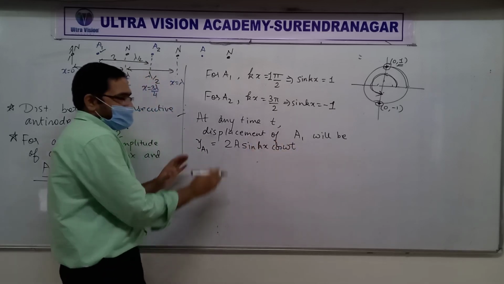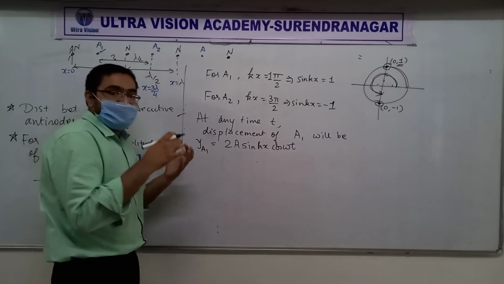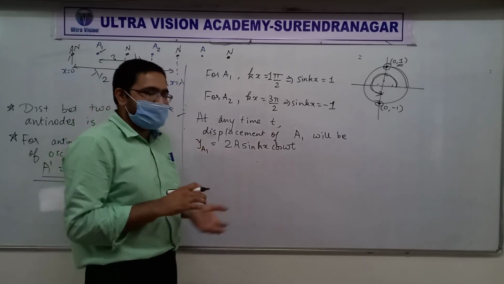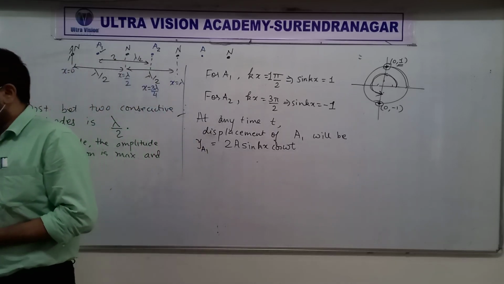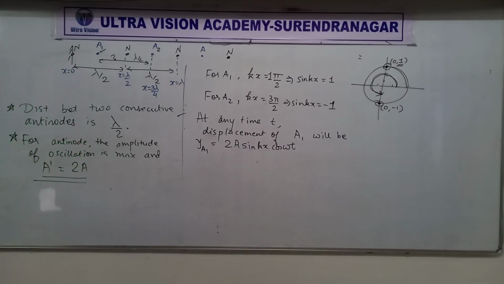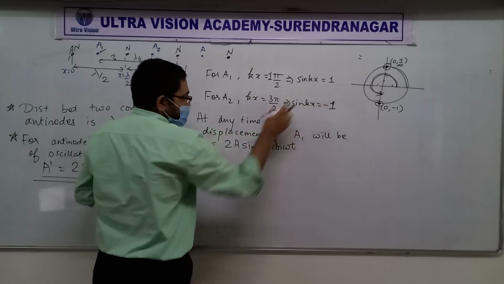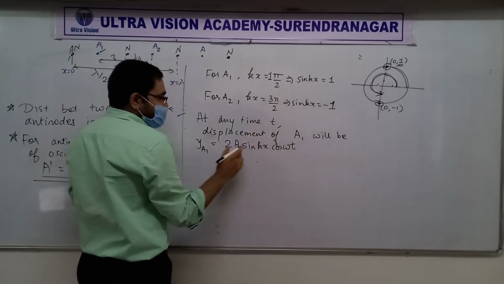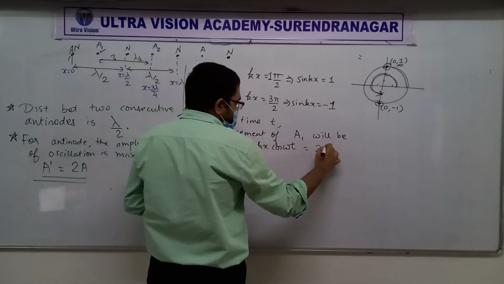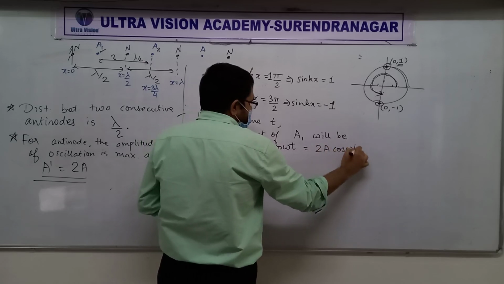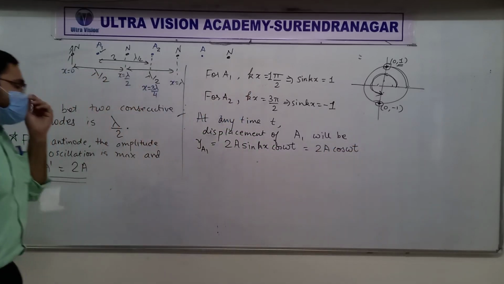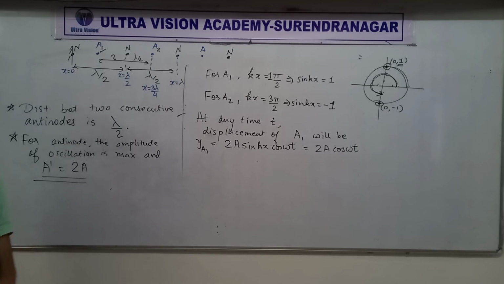This is the formula for the standing wave which we are talking about over here, right? y equals 2A sin kx cos omega t. So let's put this here. Do you realize that this will become 2A cos omega t? Is that clear or not clear, everyone?